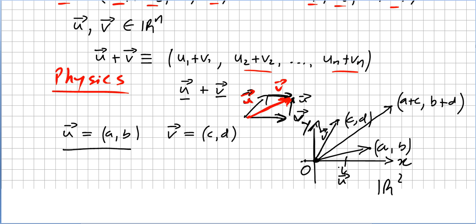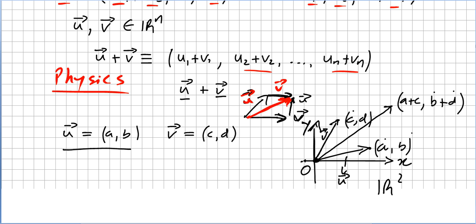Using geometry, we can show, it's really easy, that if we add u plus v, we are going to get to the point a plus c, b plus d.